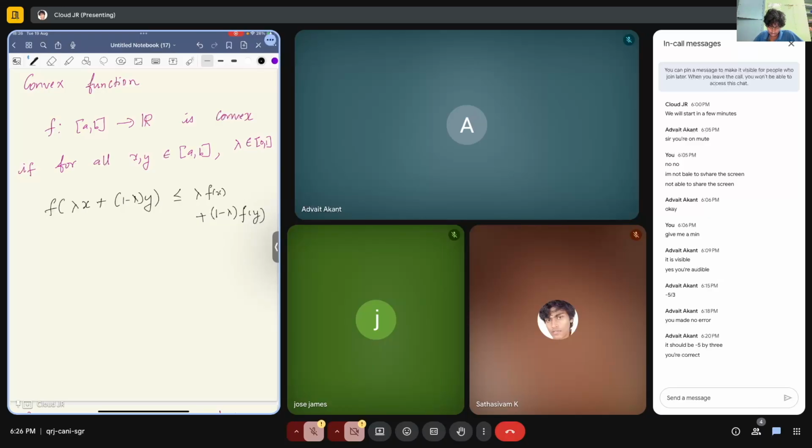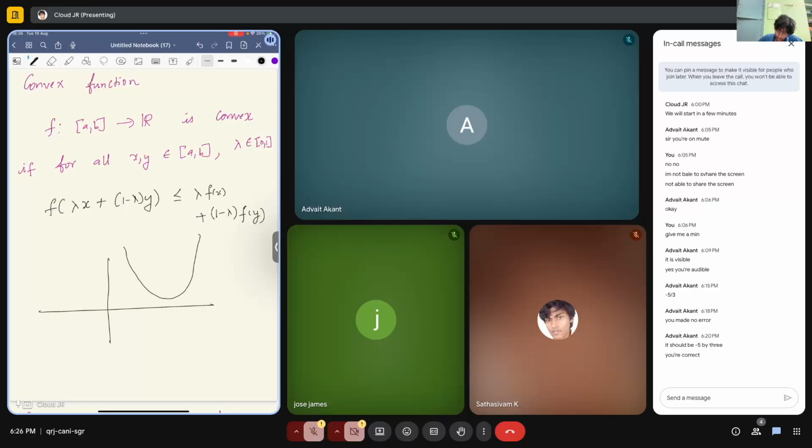Okay, so this is the definition of convex functions. I think you might have seen the lecture, so I assume that you know the geometry of what exactly this says, because I think Sir explained it very beautifully. But essentially, a function kind of looks like this.